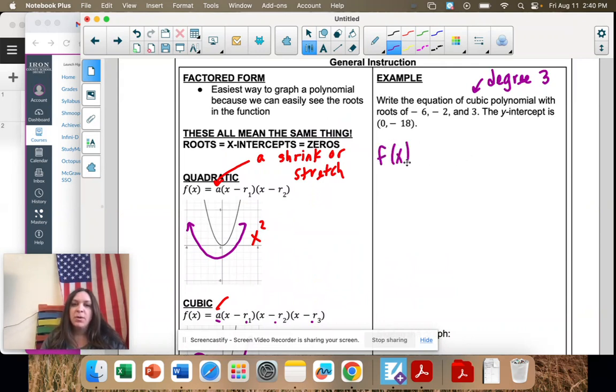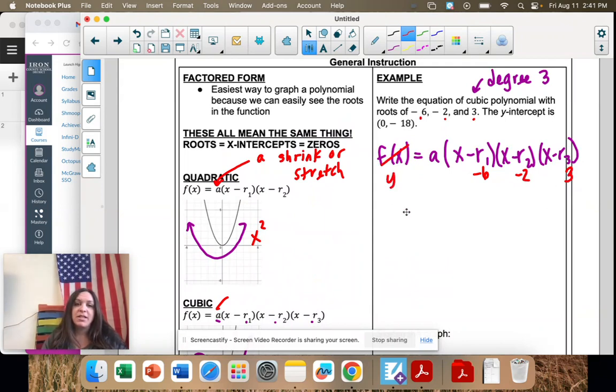So a cubic polynomial is this one: a times (x minus r1)(x minus r2)(x minus r3). We're given the roots, -6, -2, and 3. So now I'm going to change this f of x to y, and you'll see why in a minute.